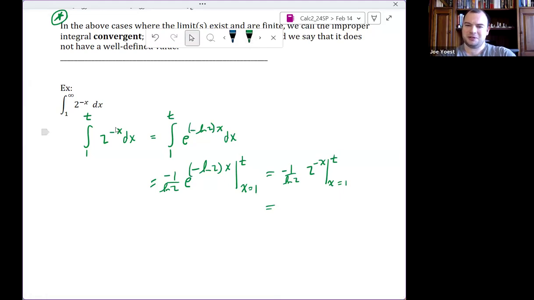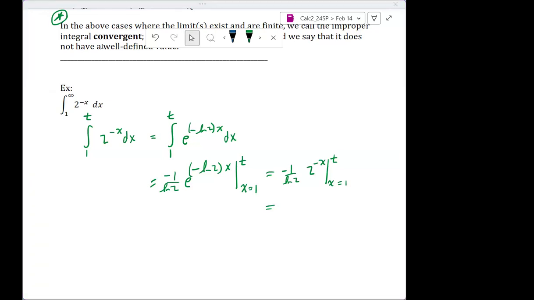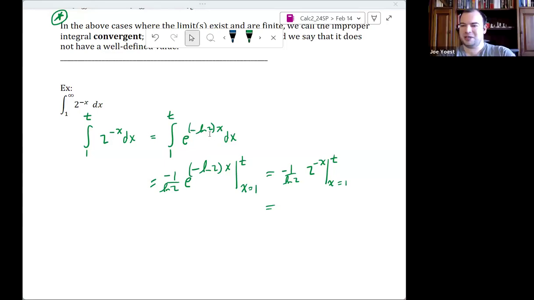Just got a pop-up that says low system resources may affect your audio quality. Try closing some applications to improve performance, but I don't have much open. Is anybody hearing my audio cutting out or anything like that? Okay, all right, great. I don't know why it came up with that message.